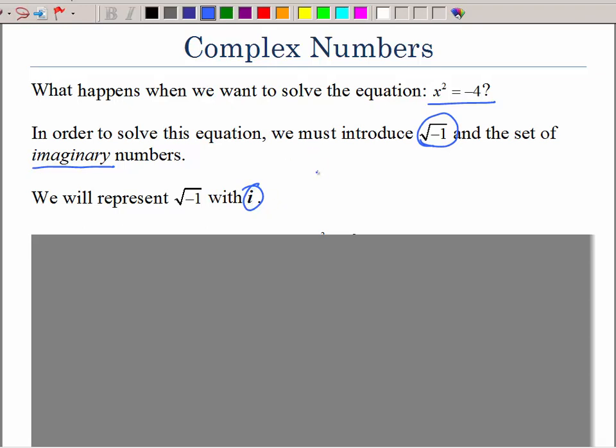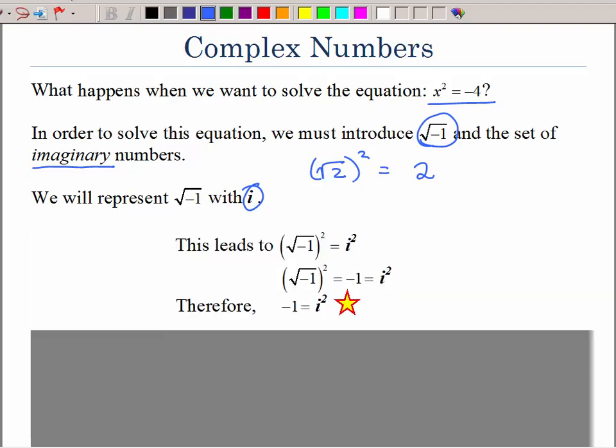Now let's back up. Do you remember what happens when you square the square root? Remember that square root goes away. So that leads me to the next line of analysis. If we square the square root of negative 1, and the square root of negative 1 is i, we could write that as i squared. We also know when we square root and we square, they cancel each other out, so I would just get negative 1, which means negative 1 equals i squared.